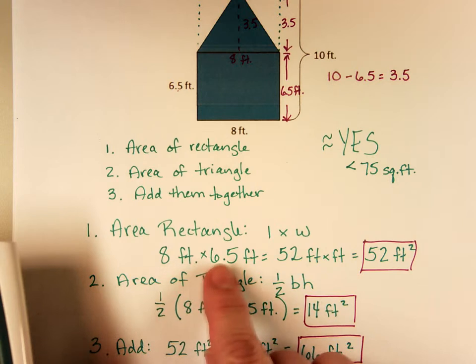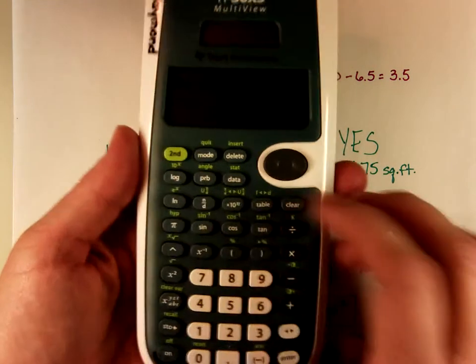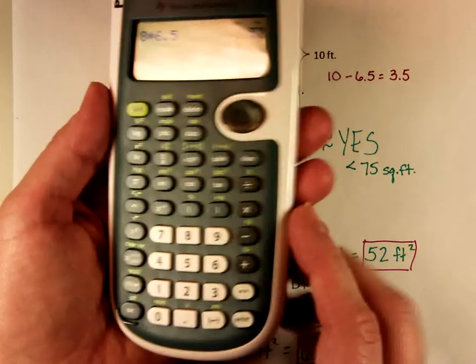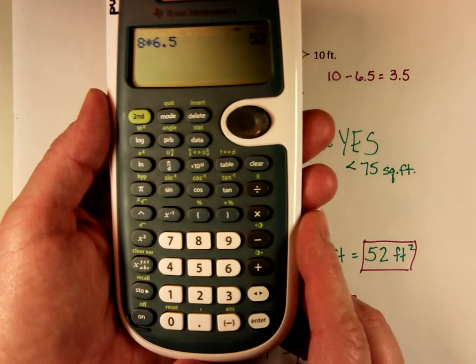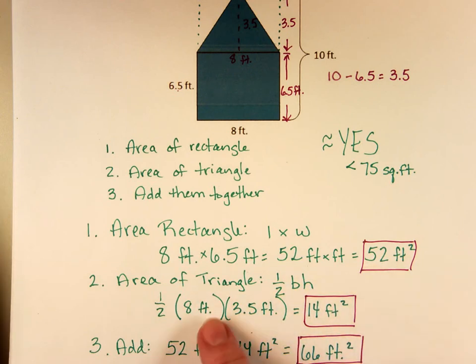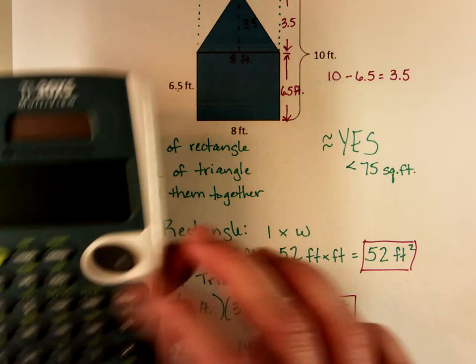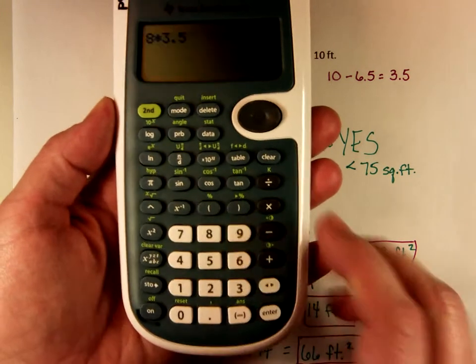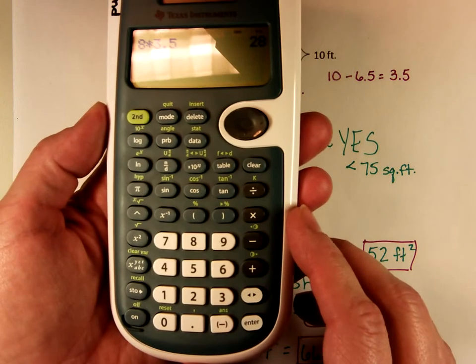Excellent. Now let's double check our formula for area of a rectangle. 8 times 6.5 is 52. And here it is, 52. Let's double check the area of a triangle, which is 8 times 3.5 divided in half. 8 times 3.5 is 28. Let's divide it in half.